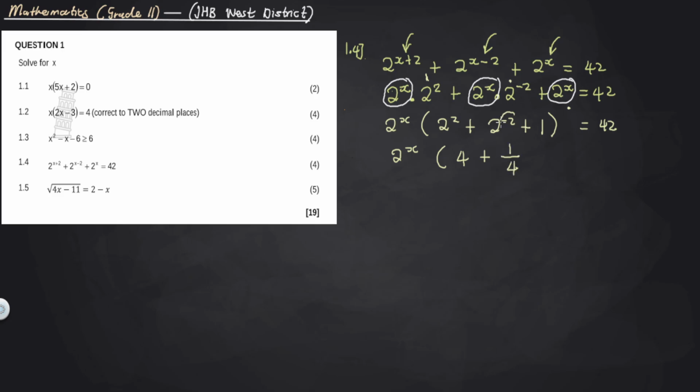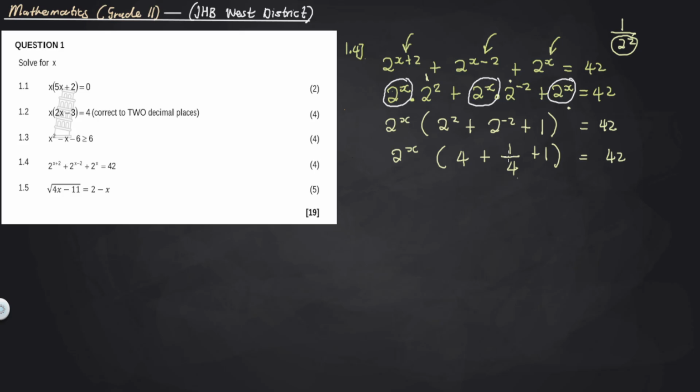We want to make this exponent positive, so applying an exponential law, I'm getting 1 over 2 raised to exponent 2, and 2 raised to exponent 2, I know that it's 4, plus 1 equal to 42.